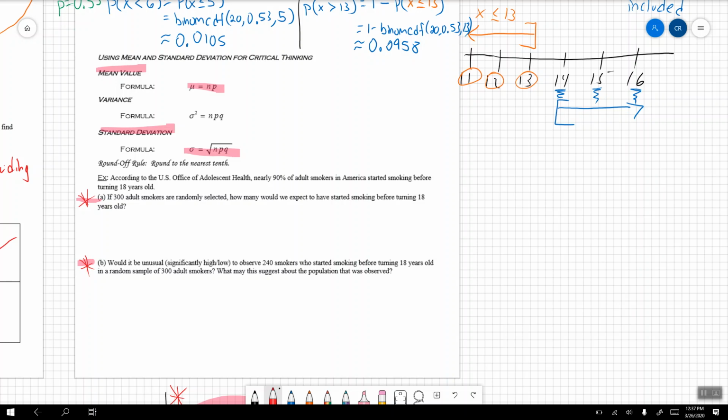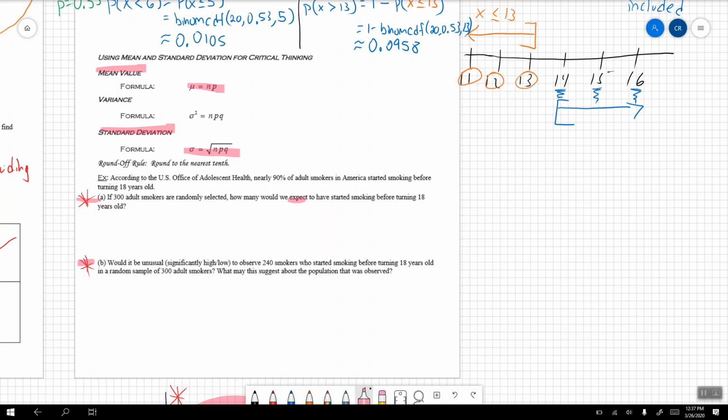According to the U.S. Office of Adolescent Health, nearly 90% of adult smokers in America started smoking before turning 18 years old. Part A. If 300 adult smokers are randomly selected, how many would you expect to have started before turning 18 years old? So right here, how many would we expect?